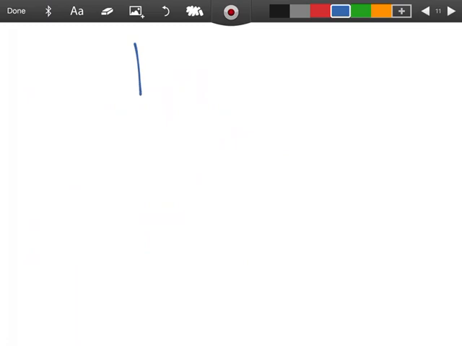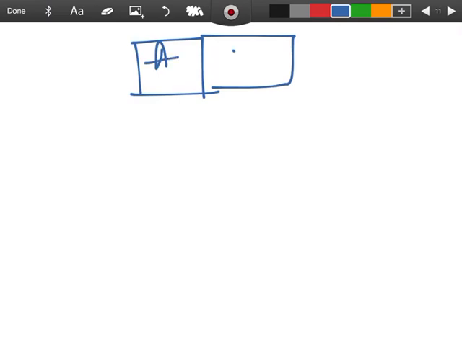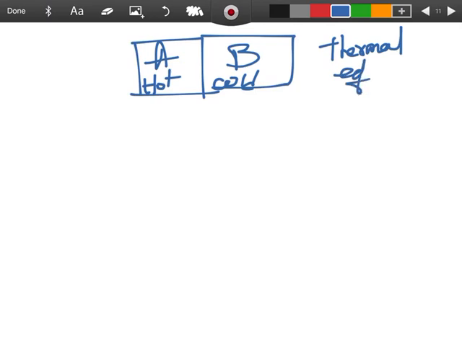So imagine that you have two substances, two solids, for example, solid A and solid B. And you know that this one is hot, and this one is going to be cold. So when time passes and they reach thermal equilibrium, we know that the temperature of them is going to be the same.